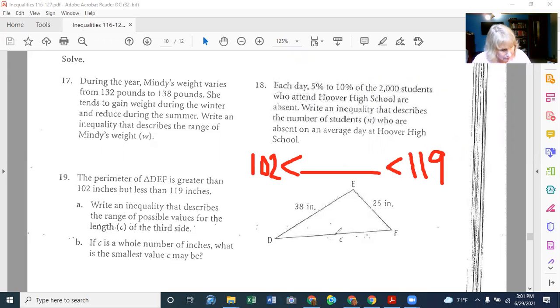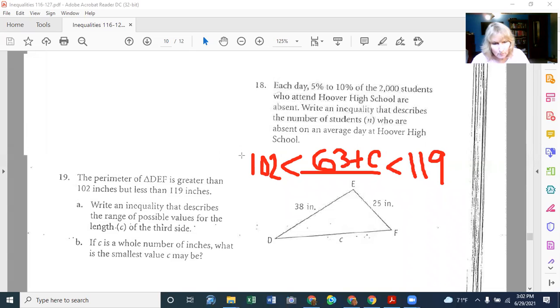I'm going to combine 38 plus 25 and get 63 plus C, which must be the perimeter. So now I solve for C. You can look at this as two different inequalities and solve it that way, and that's what I would do. So I'm going to make a little bit of a space here.